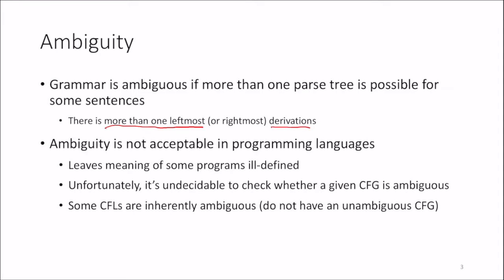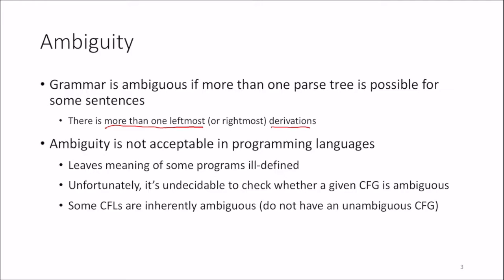And ambiguity is not really something we want when we're talking about programming languages, because an ambiguous grammar for a programming language is really not something we want. It's dangerous. It leaves the meaning of the programs ill-defined because there might be more than one way of doing code generation if it's ambiguous. We want our programs to mean one thing.